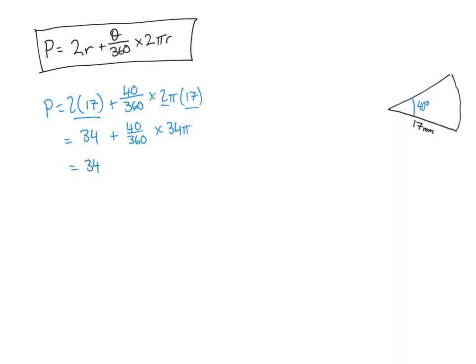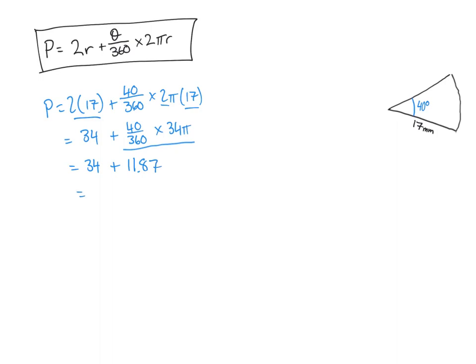So 34, I'm going to work out this part here. That would give us 11.8682, and I'm going to round this to 2 decimal places, so that's just these two here. The next number is larger than 5, so that means that I need to round up, so it's actually 11.87.